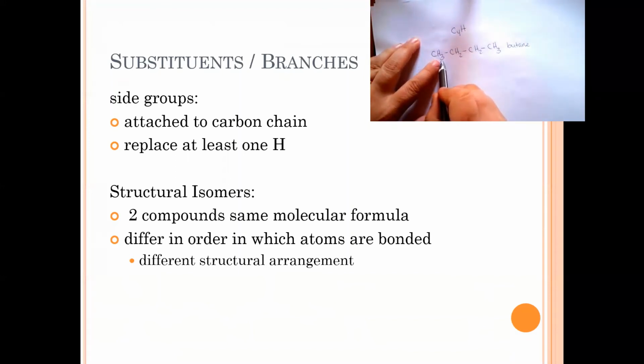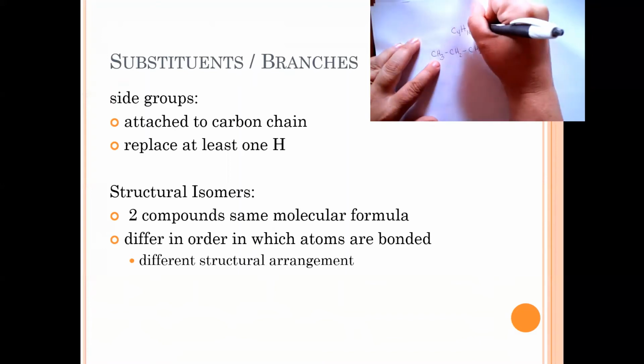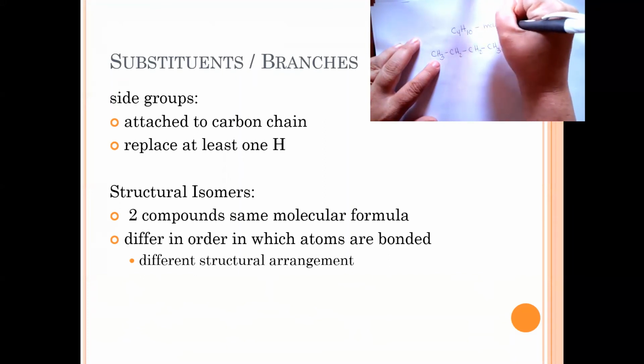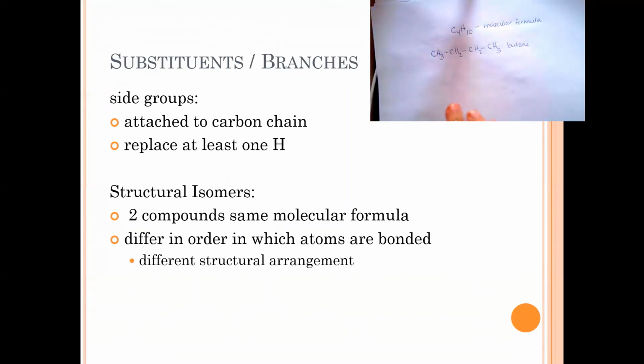So we have 1, 2, 3, 4, 5, 6, 7, 8, 9, 10. C4H10, this is going to be our molecular formula. Now what we want to do is see if we can draw any structural isomers from this. So we're going to pop them and move them.